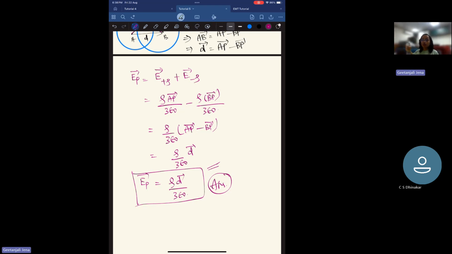Whenever this kind of problem is given, you can always use the superposition principle to find the electric field. The next problem is slightly different.